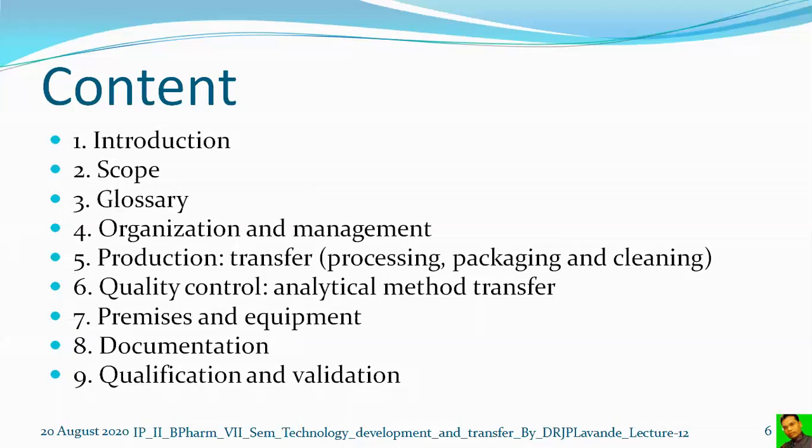As far as all these 8 to 9 different subheadings are concerned, we had already finished the first 4 and we are on to the production, transfer, processing, packaging and cleaning guidelines.